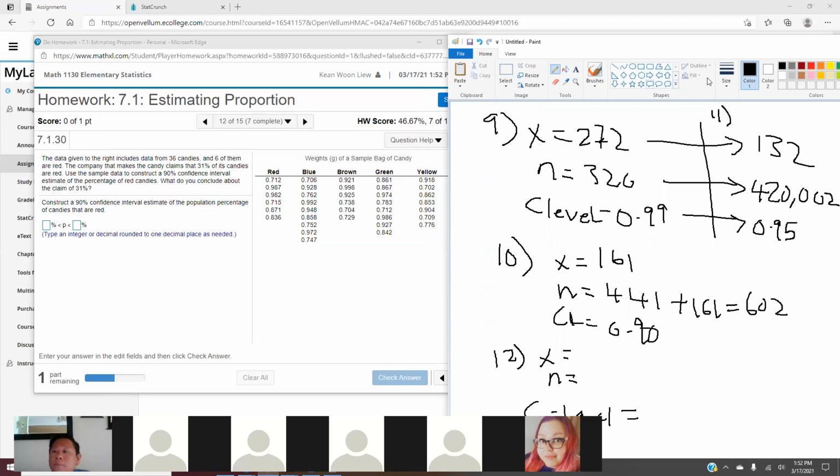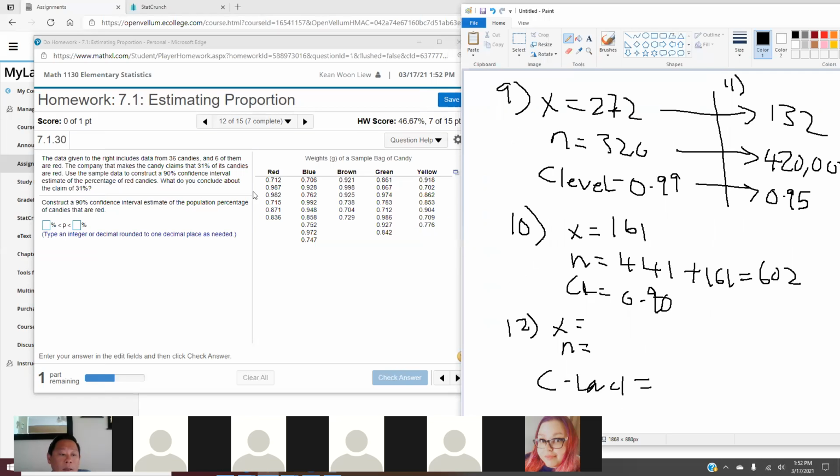N is 36, X is 6, and the confidence level is 0.9. And don't forget, this one wants the answer in decimal or in percent? Percent.